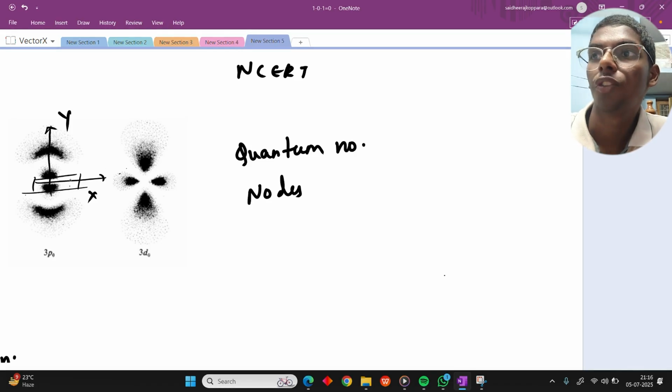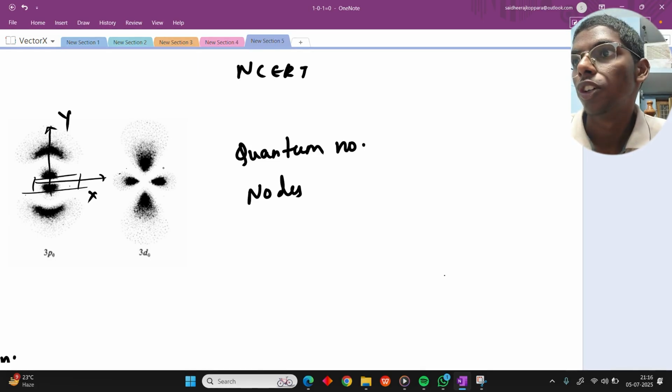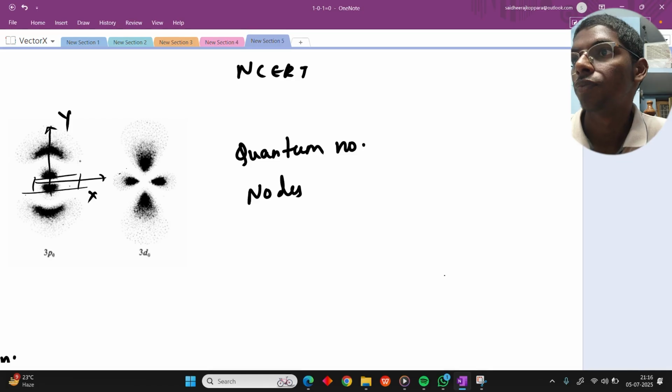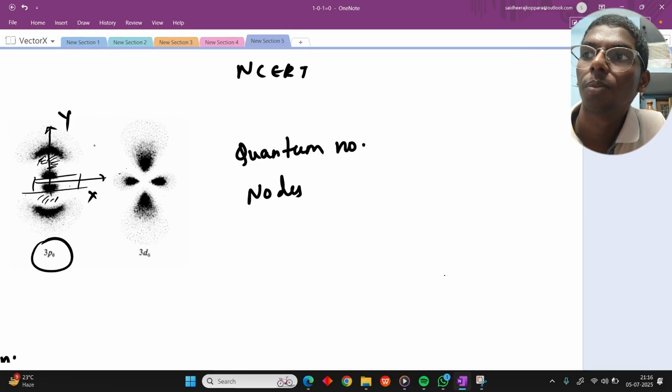So the probability of finding an electron in this plane along the x-axis is 0. That's why you have this one angular node. And in this portion, only this portion is where you can't find the electron, and this is of 3p, and here you can't use any plane.